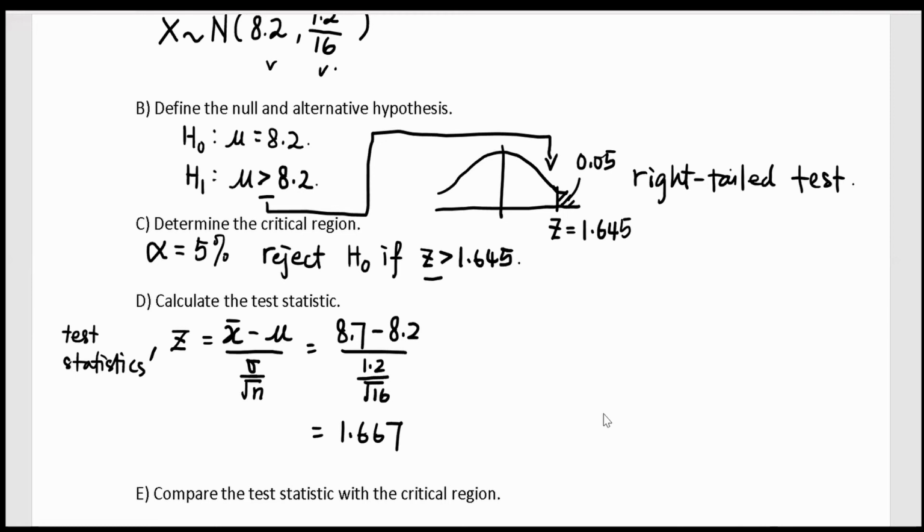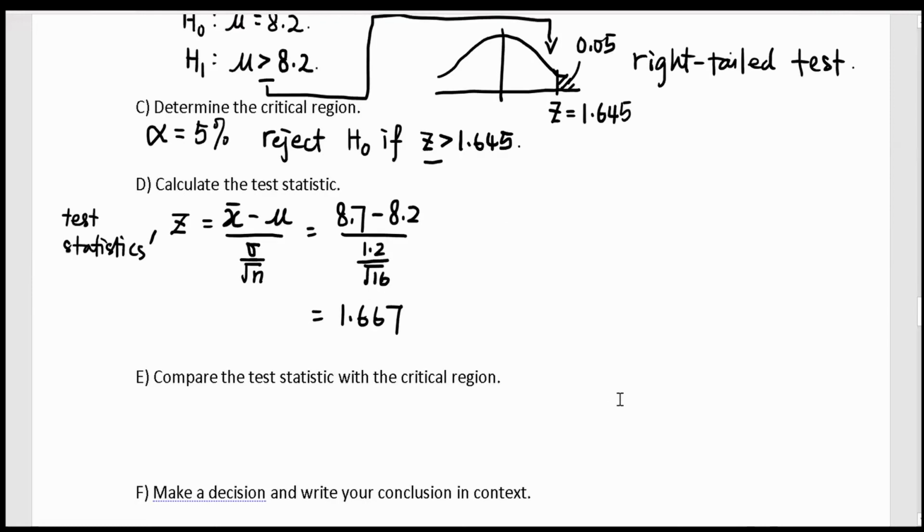So then, what's the next step? Compare the test statistic with the critical region. Since the z-score value is found to be 1.667, does it fall into the rejection region? I will reject H0 if the z-score is greater than 1.645. 1.667 is greater than 1.645. So that is the comparison.